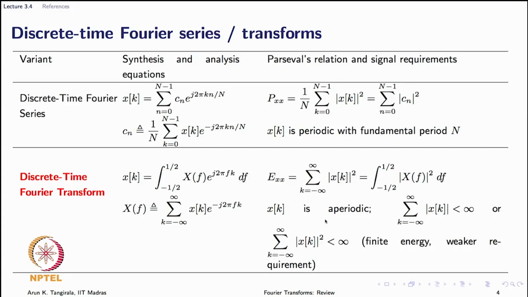As far as the conditions for the existence of the discrete time Fourier transform are concerned, the discrete time signal, of course, besides being aperiodic, should have finite one norm, which is a stricter requirement compared to finite energy, which is a weaker requirement. And these are again similar to what we have discussed in the other three variants.